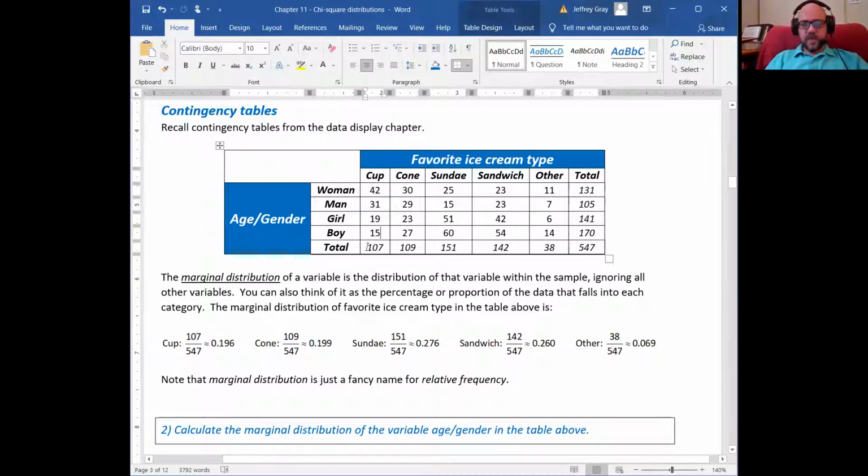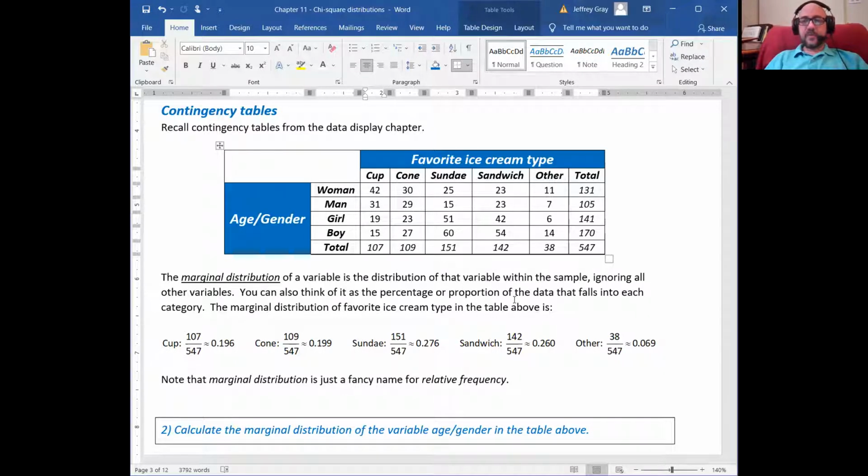So we'd have to do that expectation calculation for all 20 cells. And then we'd have to do the chi-square contribution calculation for all 20 of the cells. And as you can imagine, that is super tedious and also very likely to go wrong at some point, right? It's unlikely you're going to be able to do that calculation completely perfectly if you do it all by hand.